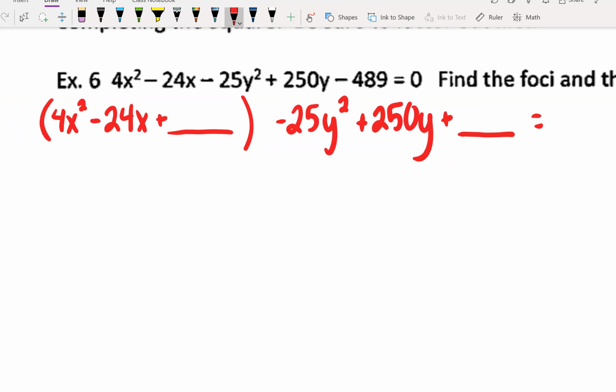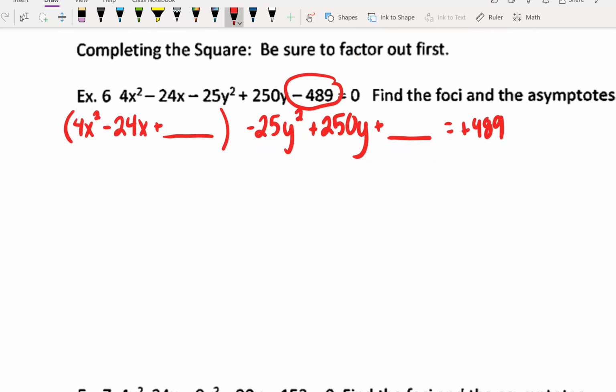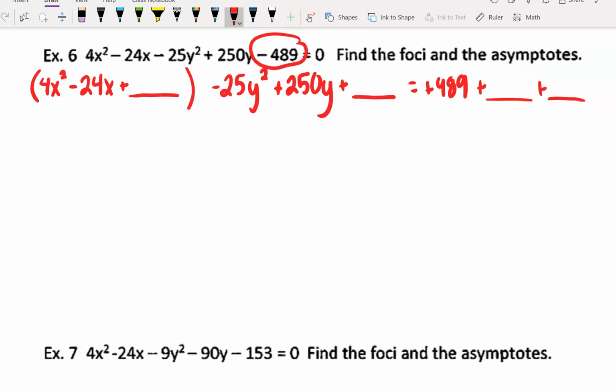And then I'm going to add this to the other side so that it's no longer in the way. So plus 489, and then we're going to be adding a couple things here so that our equation remains balanced.